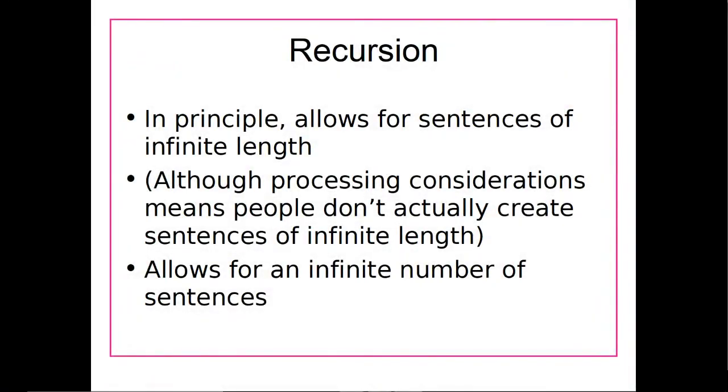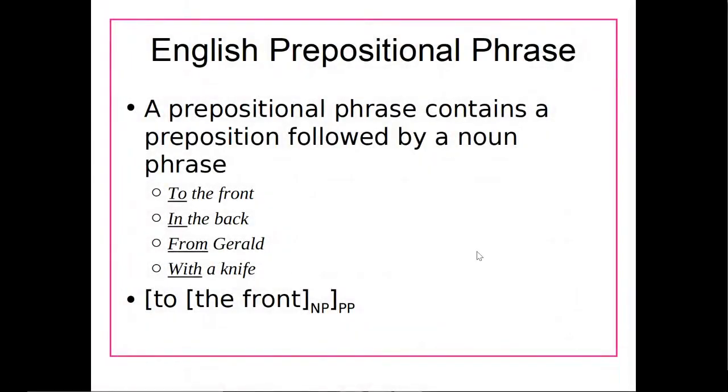So we can get sentences of infinite length and an infinite number of sentences, but it doesn't typically happen that way because we only have human memories. We can't keep track of a recursion that goes too deeply. So that was the noun phrase and an introduction to recursion.